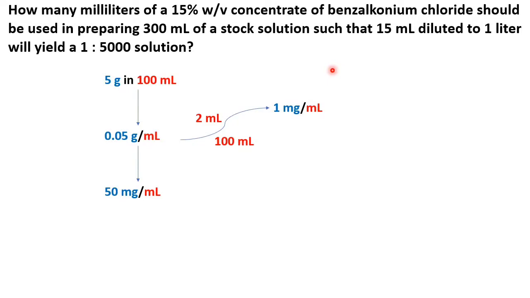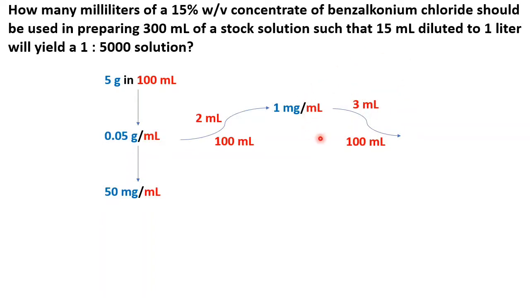Okay, now if we dilute this solution again by taking 3 milliliters and diluting it to 100 milliliters, 3 milliliters would contain 3 milligrams.